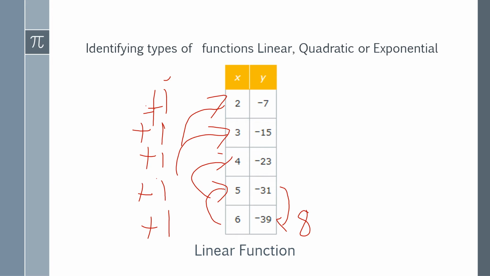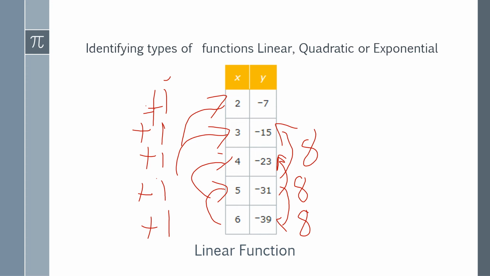So let's look at 31 to 23. As my negative numbers shrink, I keep increasing by 8. So negative 23 to negative 15. Well, I'm still increasing by 8 on this.